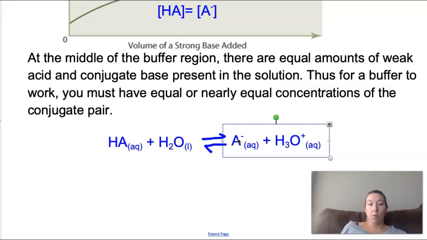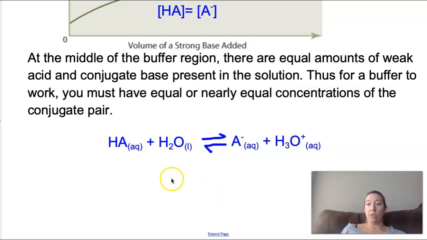So why is this solution going to resist changes in pH? It all comes down to Le Chatelier's principle. Remember, one of the things we talked about was changes in concentration. If we add acid to this system, we increase the hydronium concentration, and the system resists that by shifting away from it.